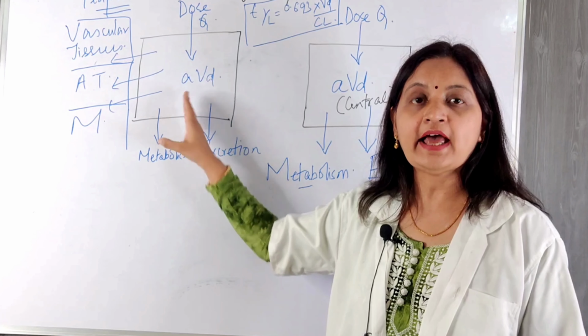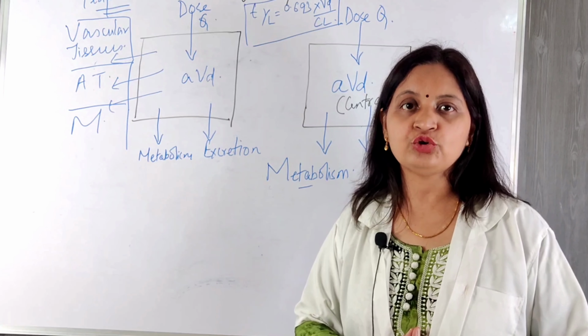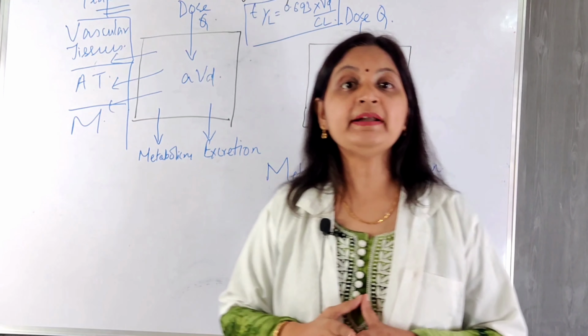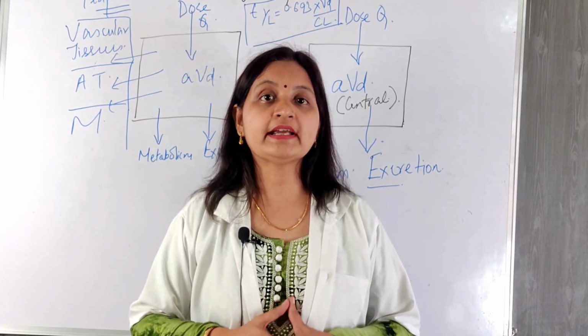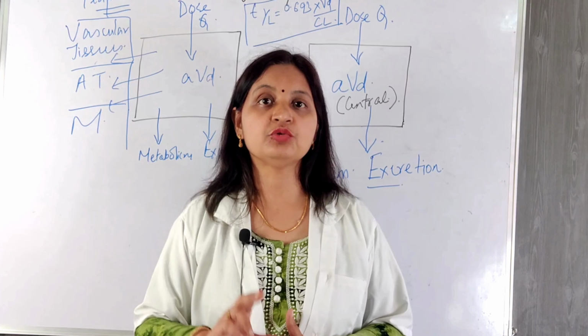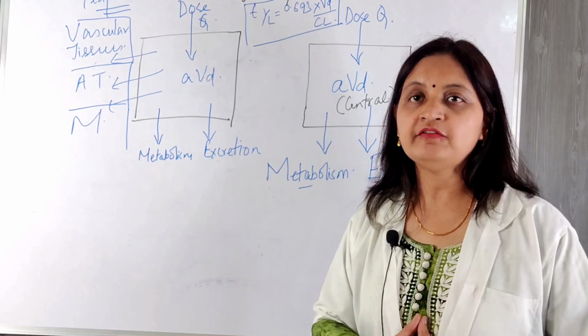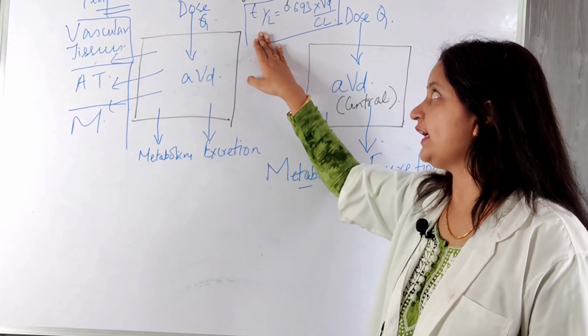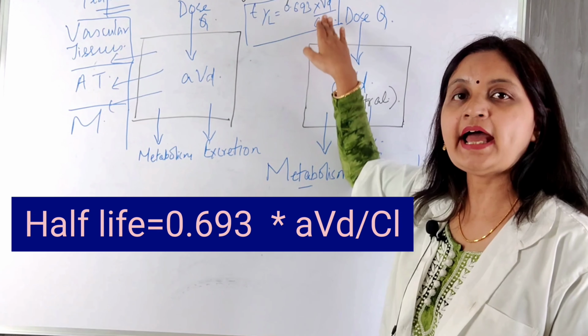So this is seen as a slow decline in plasma concentration and this is due to elimination. So the rapid decline in plasma concentration is due to distribution and slow decline in plasma concentration is due to elimination.